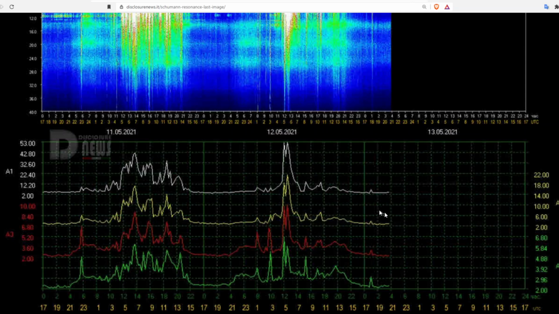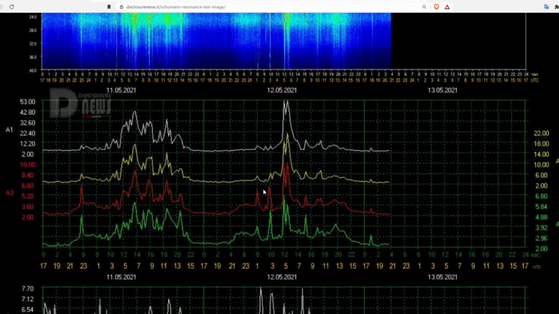And so that's one of the things I talk about, synchronous mode, when the waveform is fairly identical across all 4 modes. That means it's solid. It's a solid wave coming from the upper ionosphere. Okay.